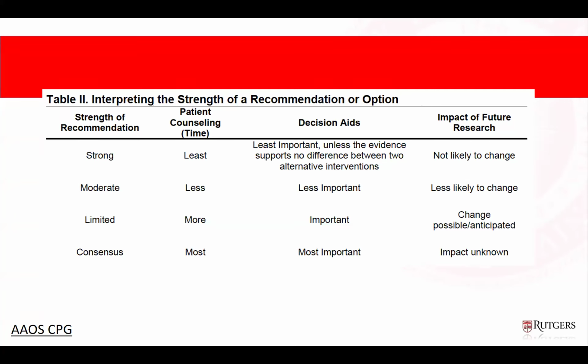And the impact of future research correlates inversely with that. A strong level of recommendation means that future research is unlikely to change that recommendation, whereas with something that's more of a consensus or limited strength of recommendation, there's hope that there's more research down the pipeline that will strengthen those recommendations.